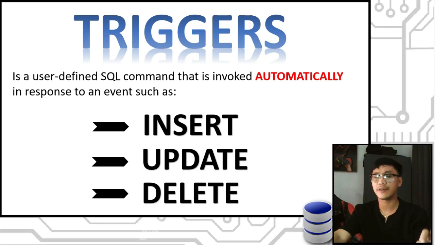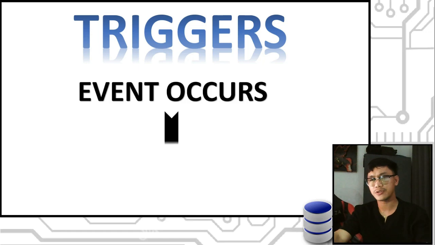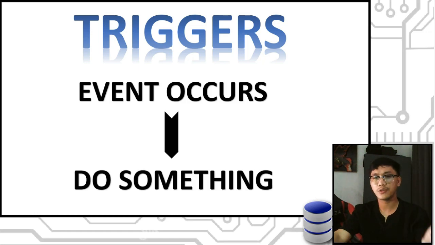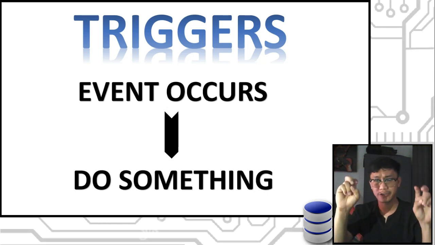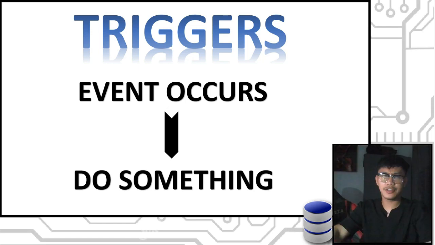In the simplest terms, when an event occurs, do something. Meaning, a trigger is automatically executed in response to a certain event on a particular table or view. So, to understand triggers fully, let's jump into our MySQL environment and start the demonstration.